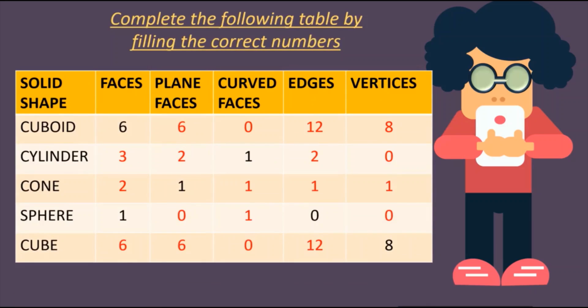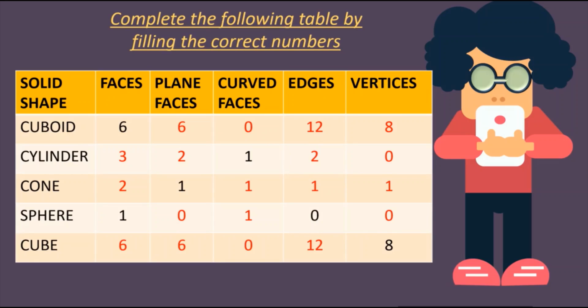Now quickly let us sum up. See, the number of faces, plane faces and curved faces, and edges and vertices the following solid shapes have. Cuboid has 6 faces, 6 plane faces, and curved faces it has none, 12 edges and 8 vertices.